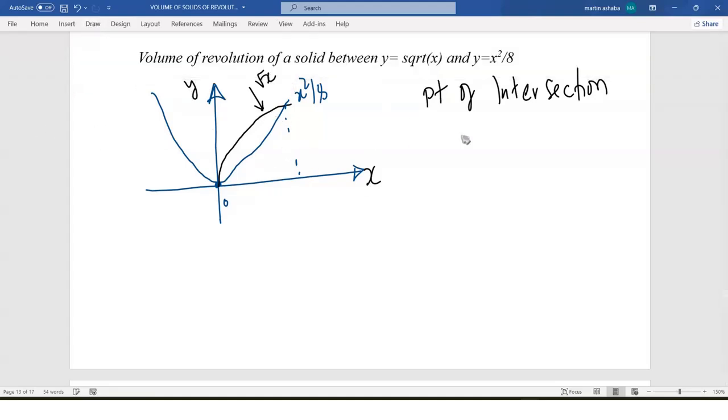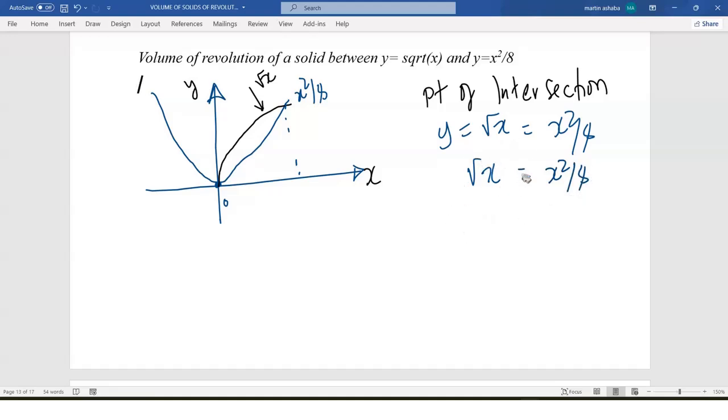And the point of intersection is going to be at points where the y values are the same. So y is equal to square root of x is equal to x squared out of 8. So we can say square root of x is equal to x squared out of 8.